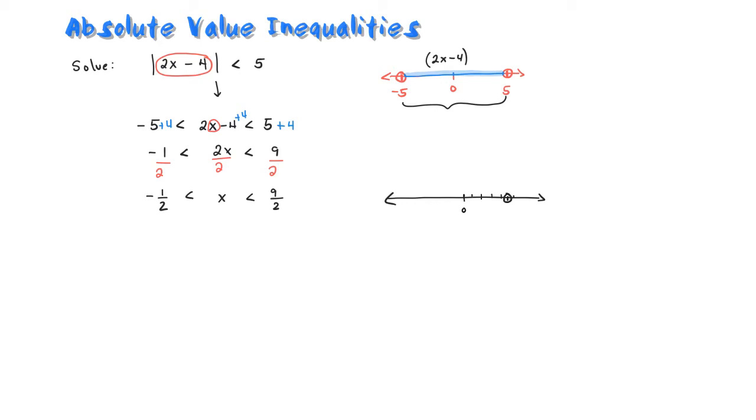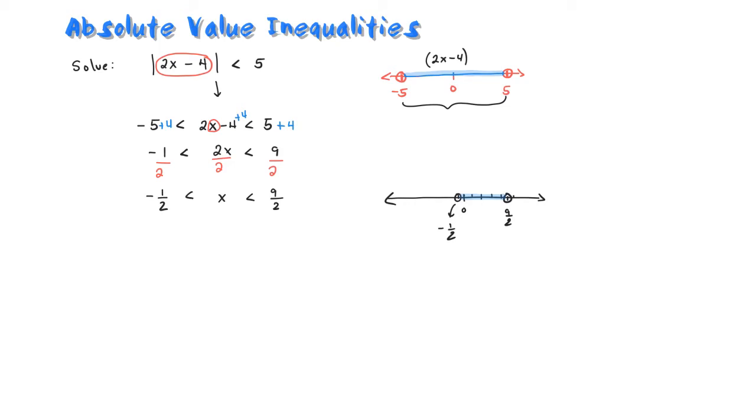So I'm going to put an open circle. This is 9/2 and -1/2. If this is -1 right here, let me put it right here as an open circle, and that's going to be -1/2. And my solution region will be everything right here. This is my solution set.